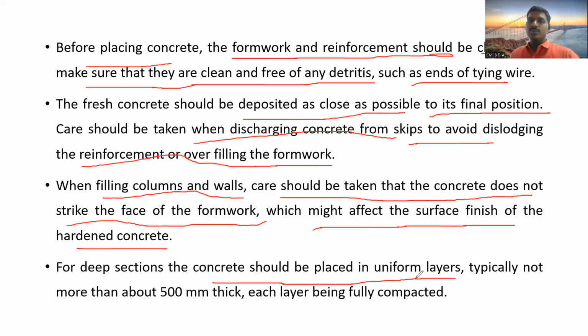That concrete we have to place in uniform layers, typically not more than about 500 mm thick. We should not fill layers thicker than 500 mm. Each 500 mm layer has to be compacted first, and then we go for the next 500 mm layer. In this way we have to place the concrete into the RCC component.